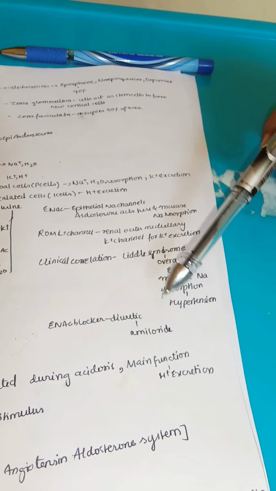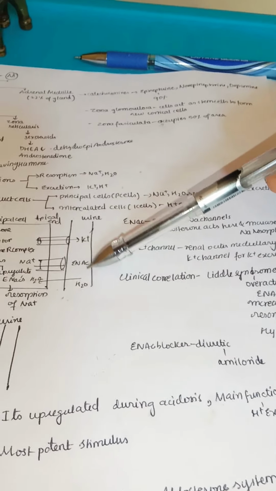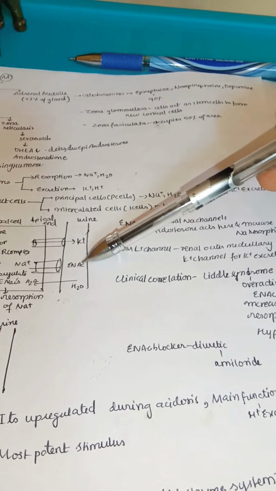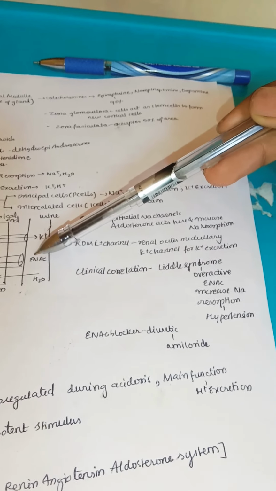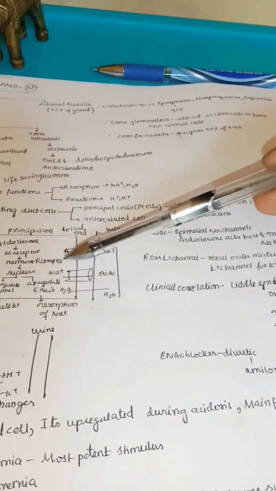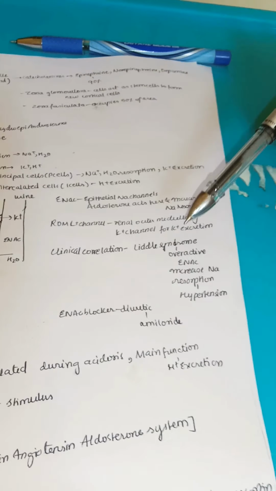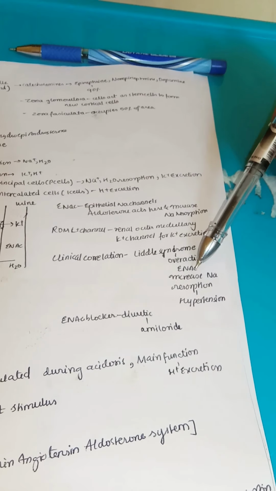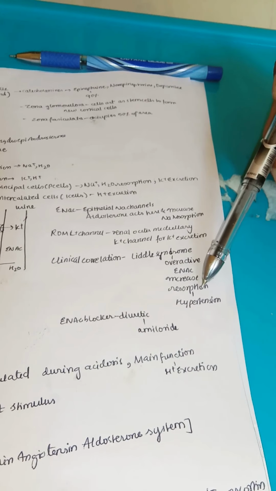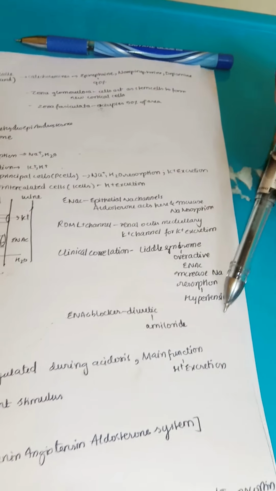And the clinical correlation is that, for example, if this ENaC channel is overactivated, a lot of sodium and also a lot of water is reabsorbed, then it may lead to hypertension, because from here it goes again to the blood vessel. That is called Liddle syndrome: overactive ENaC channel, increased sodium reabsorption and also water, which leads to hypertension.